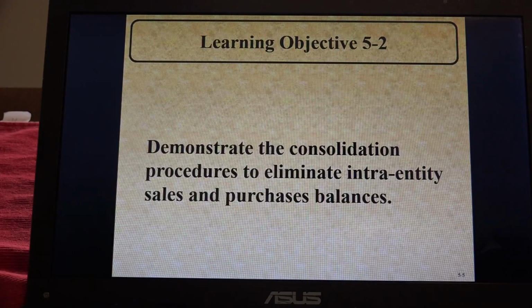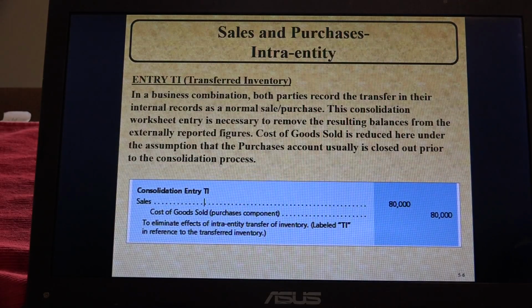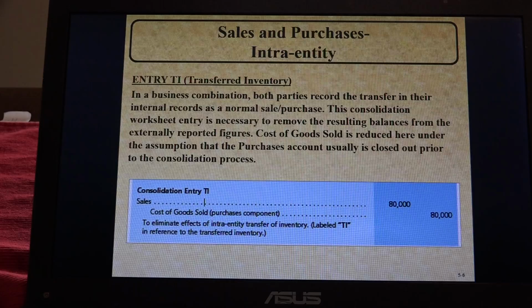And so first thing we need to do is eliminate our sales. And in order to do that, we have this entry TI, which stands for transferred inventory. And so remember that both parties record the transfer in their internal records as a normal sale and purchase. But on our consolidation worksheet, we're going to have to remove these balances.